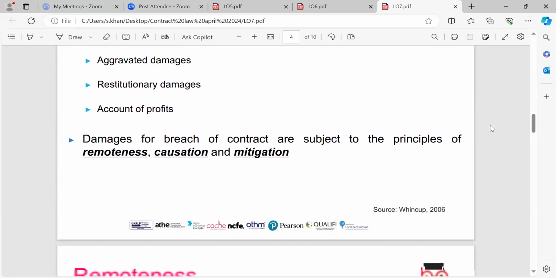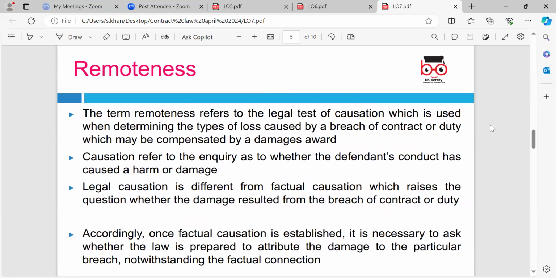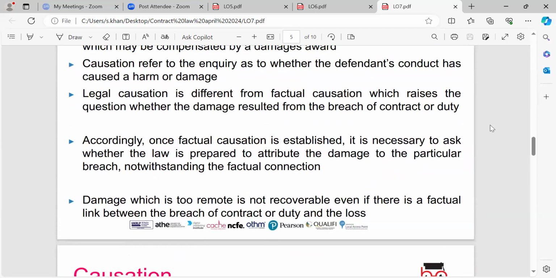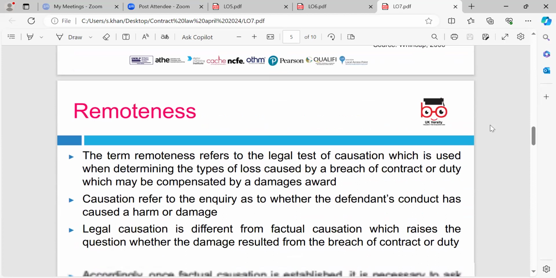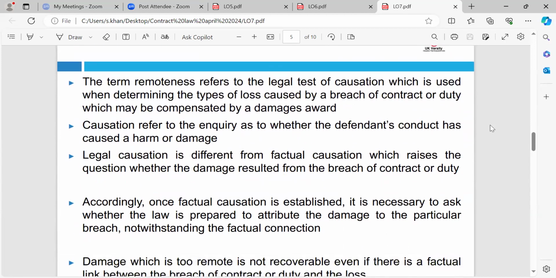The next element we're going to look at is remoteness. The term remoteness refers to the legal test of causation, which is used when determining the types of loss caused by a breach of contract or duty which may be compensated by a damages award. Causation refers to the inquiry as to whether the defendant's conduct has caused a harm or damage.